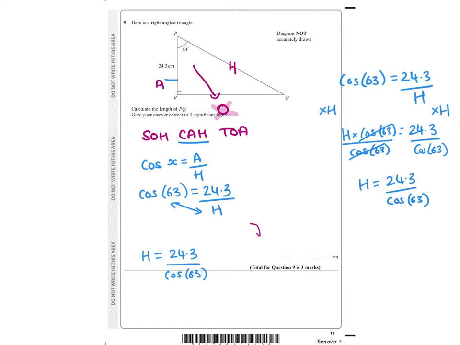Okay, when I put this into my calculator, I'm going to get 53 point something. I then need to round to 3 significant figures, which is going to give me 53.5. Okay, it's really important that when we're rounding, we make sure that we round completely to 3 significant figures. Okay?